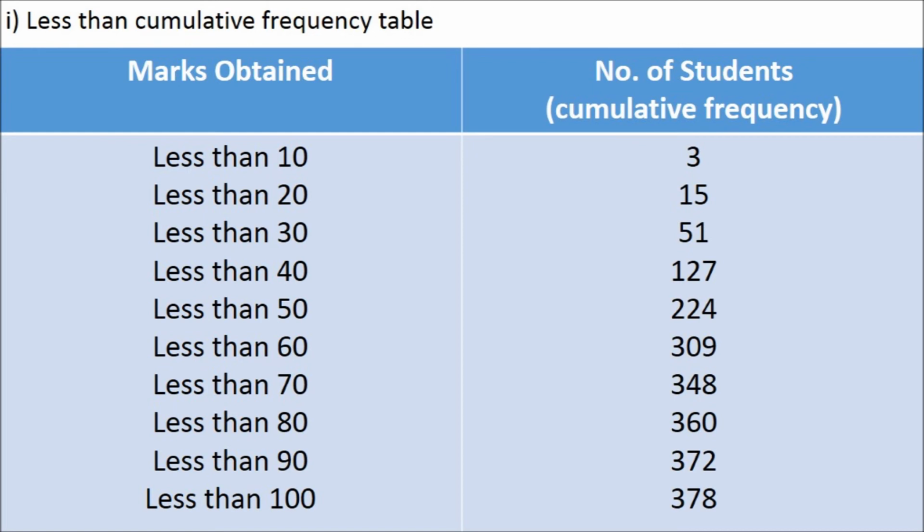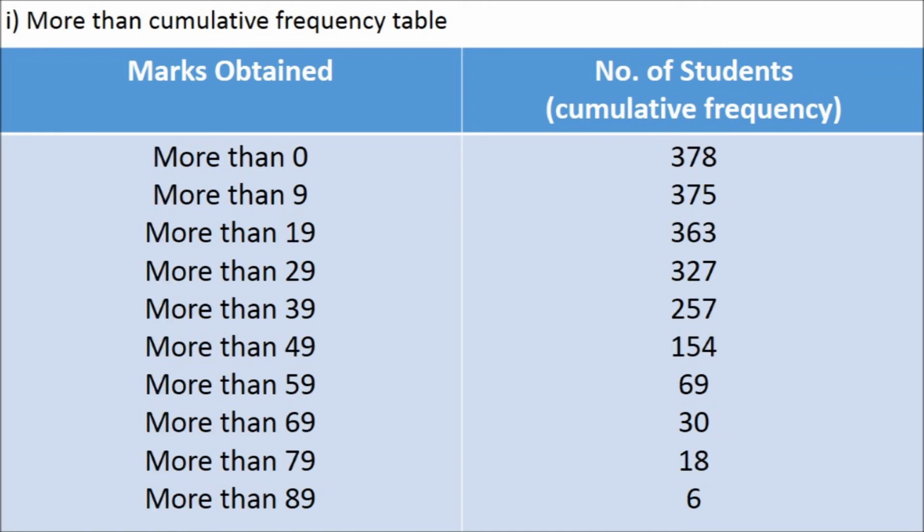The frequency for the first class interval remains the same, that is 3. Then we add the frequencies. The second frequency of less than 20 becomes 3 plus 12 is equal to 15. For less than 30, it becomes 15 plus 36, that is 51, and so on.